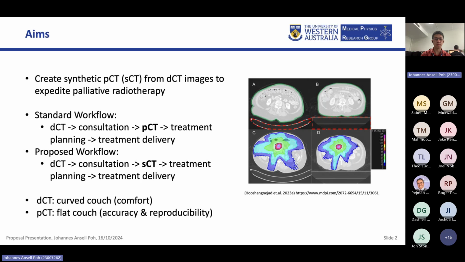So in the proposed workflow, we can remove the need for the patient to undergo a planning CT by creating the synthetic CT images from the diagnostic CT images.